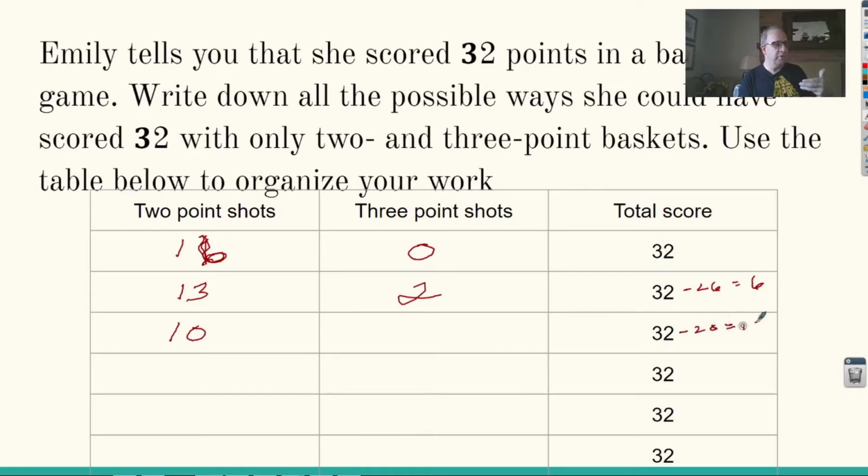So then she did 12 in 3-point shots, and 4 times 3 is 12. So she did 4 3-point shots, and so on. So we fill out the table like that. If we want to get the exact number of shots, she can only do this number plus this number.